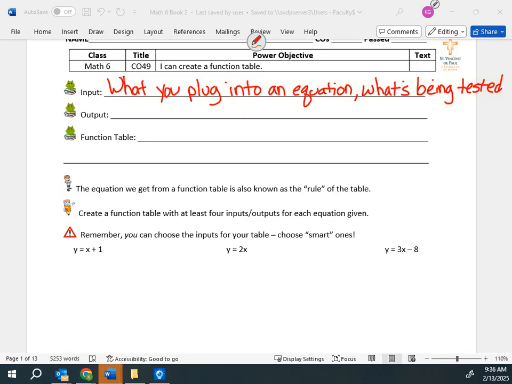And as we work through it, we'll see what that actually means. So we just know the input is what we're putting into the equation. So the output is the result of the equation or test.